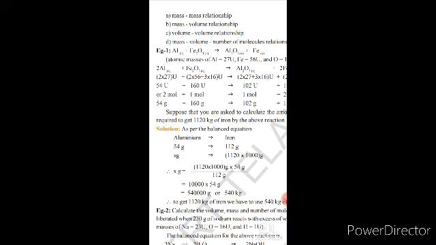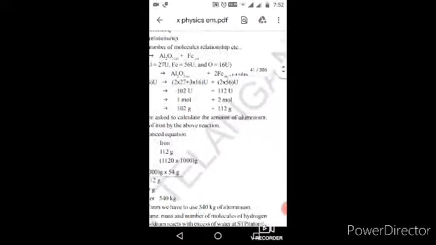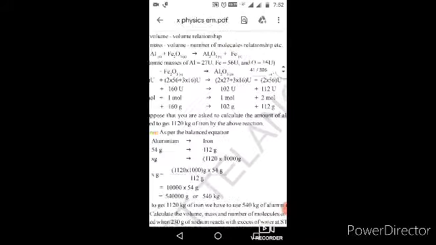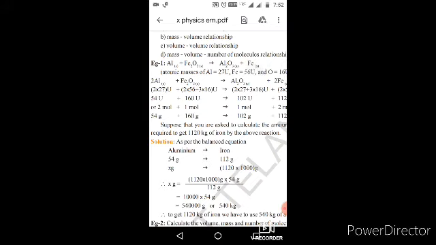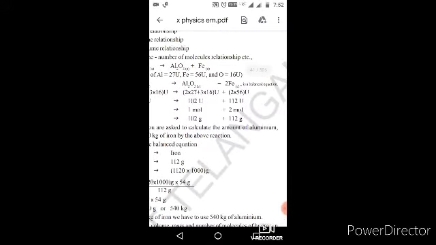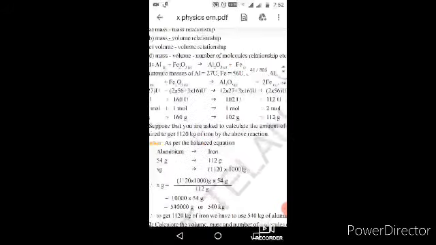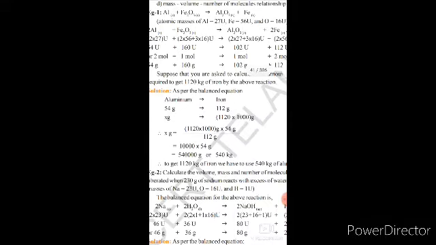Suppose in place of grams I take kilograms: 54 kgs means you will get 112 kgs. So after cross multiplication you will get 540 kgs. You had taken grams directly; after converting you will get 540 kilograms. This is the equation.